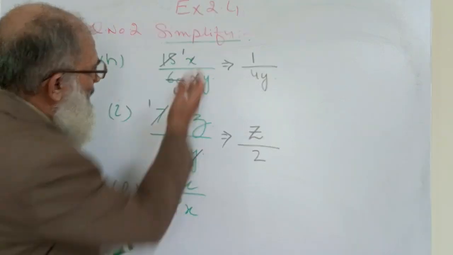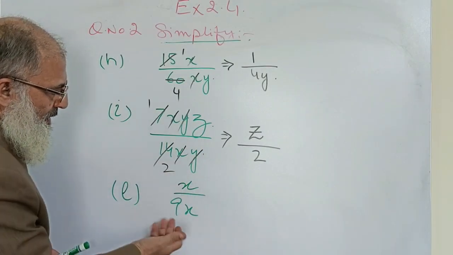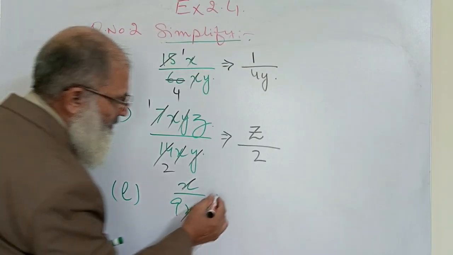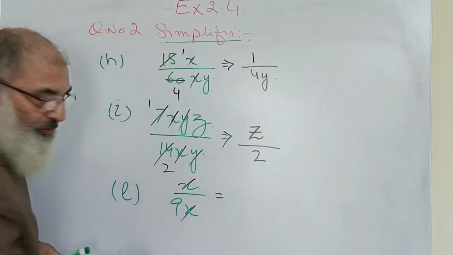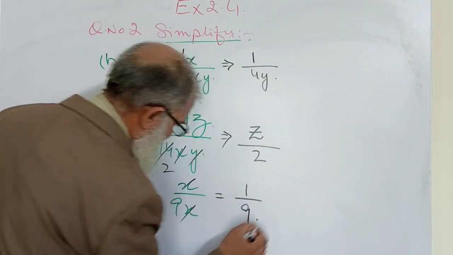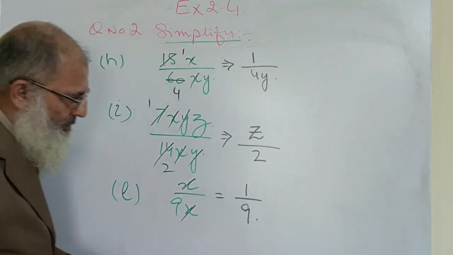Same, denominator is greater. Need not worry. Just cancel whatsoever you can cancel. 1 divided by 9 is the answer.